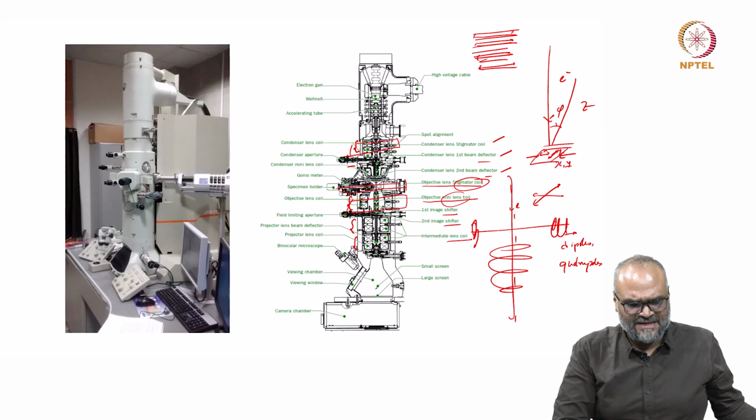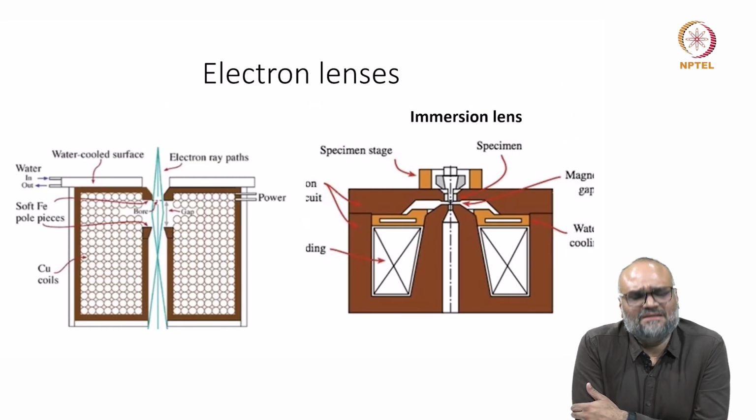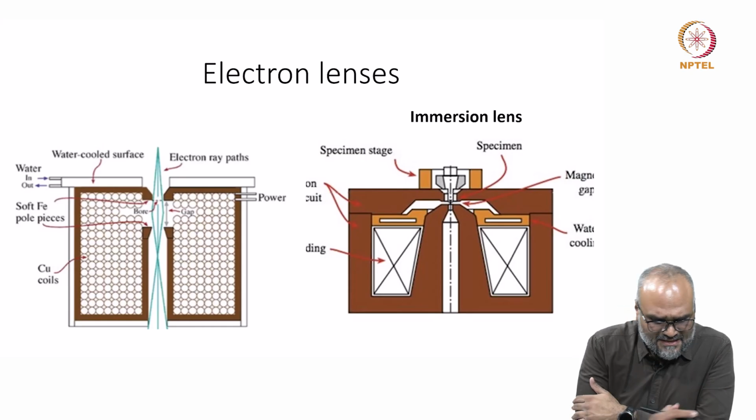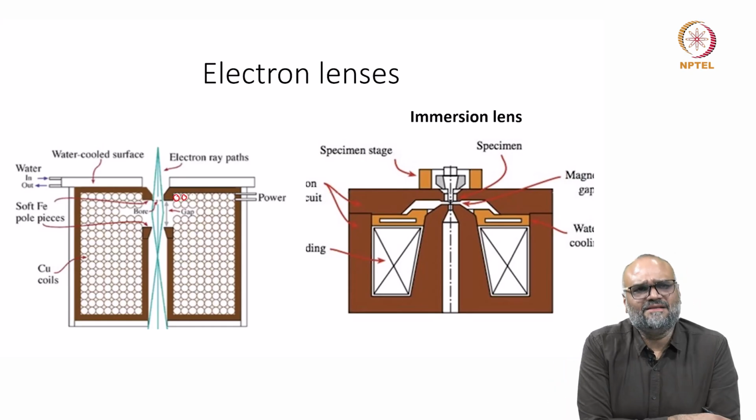this is how a general electron lens in an electron microscope looks. I have shown you the schematic. The circles you see here are all copper coils.